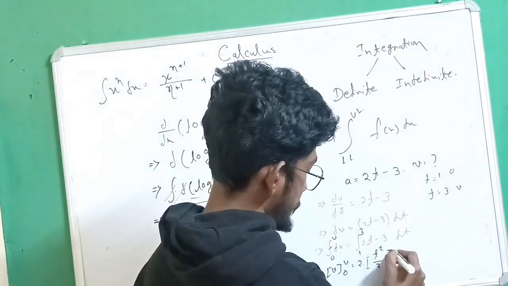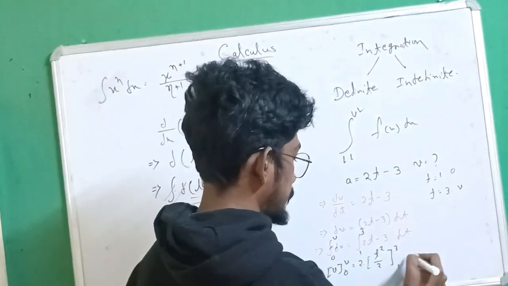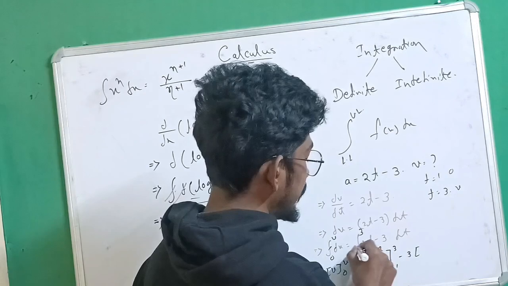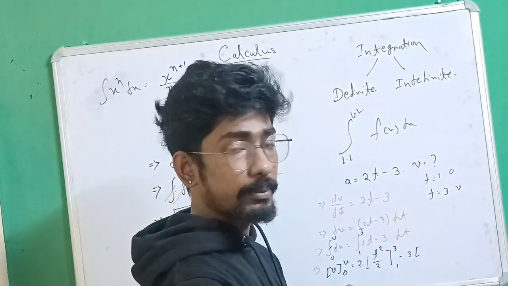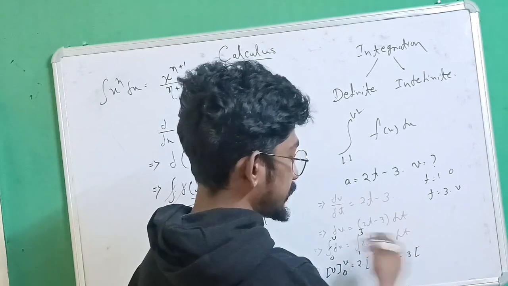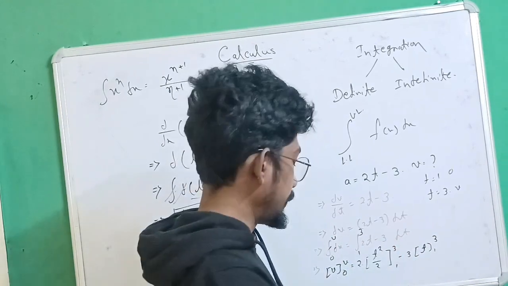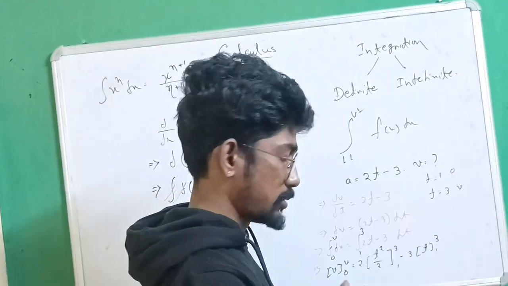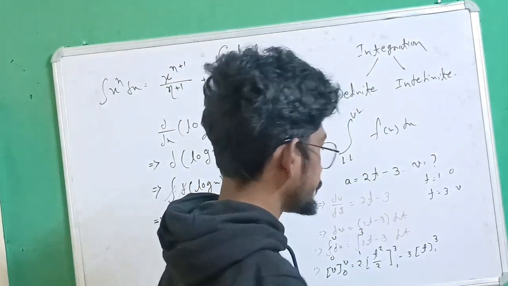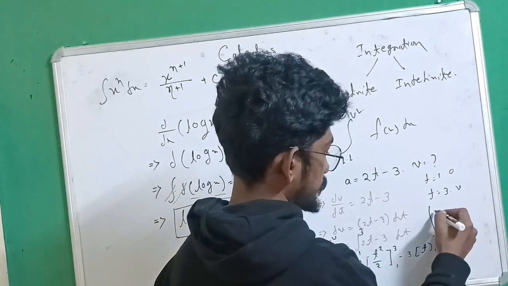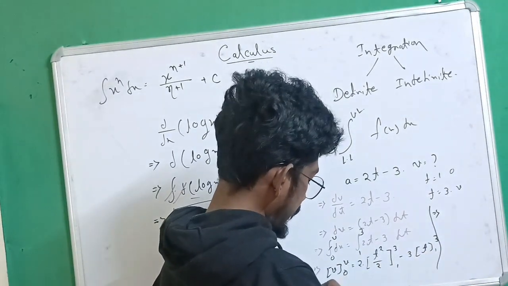Now write the upper limit and lower limit like this. Now integration of dt: 3 is constant, so it will come out. Integration of dt will be t, the d and integration sign cancel out. On the left side you will get v.